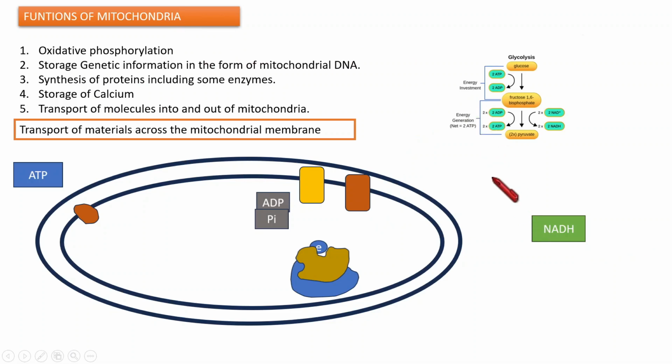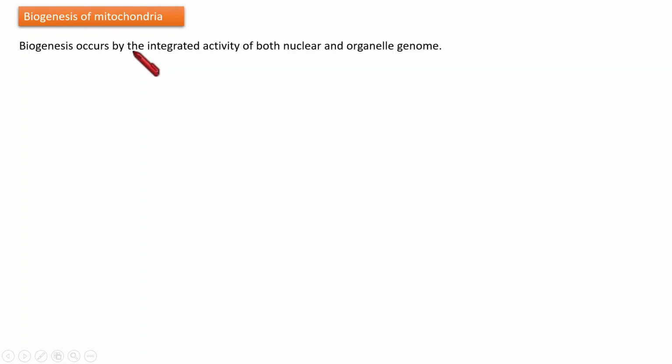Okay, next we are going to see the biogenesis of mitochondria. How mitochondria are synthesized, how they increase in number. Their synthesis mainly depends upon the interrelated activity of both the nuclear and the organelle genome.